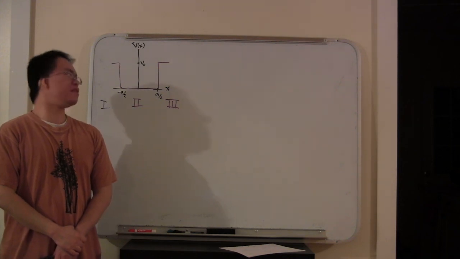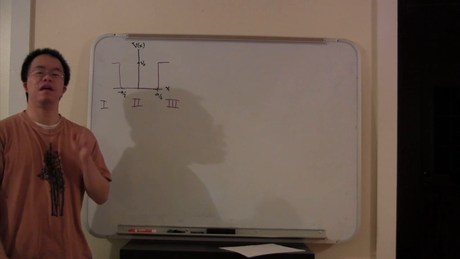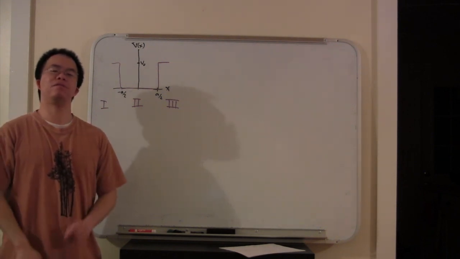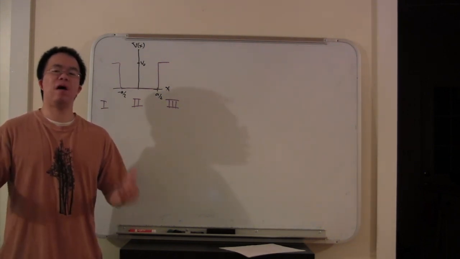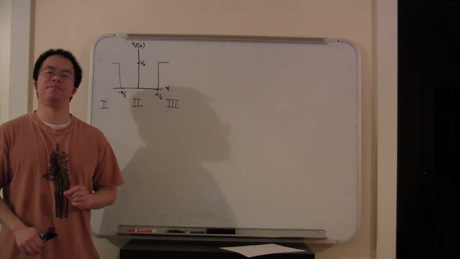So before we dive into the mathematical analysis of this potential energy, let me take a minute to remind you of the general approach we outlined for solving the time-independent Schrodinger equation.